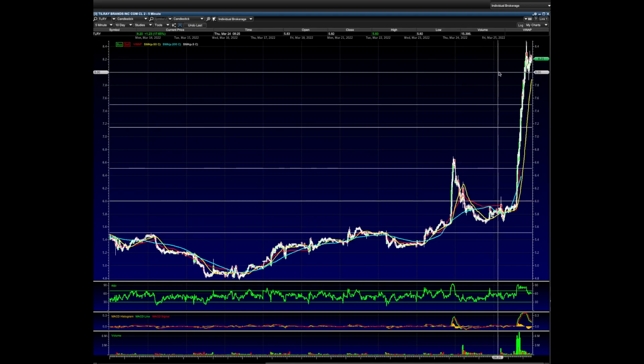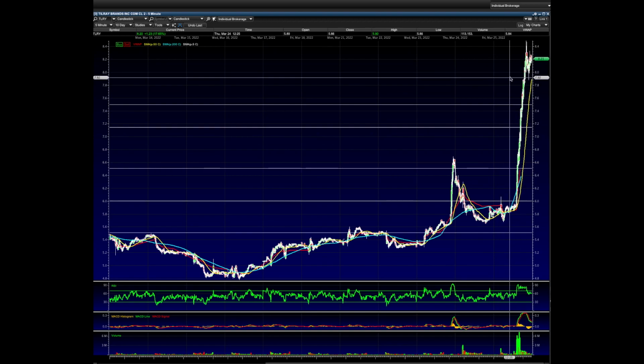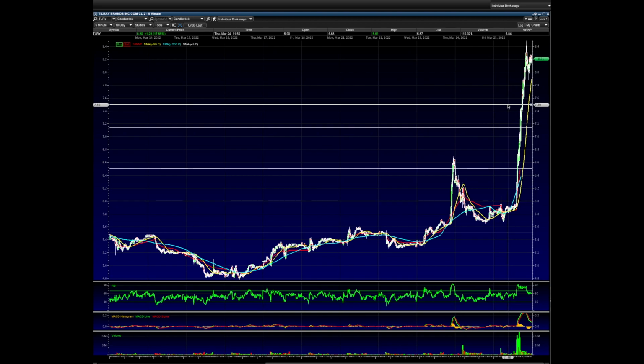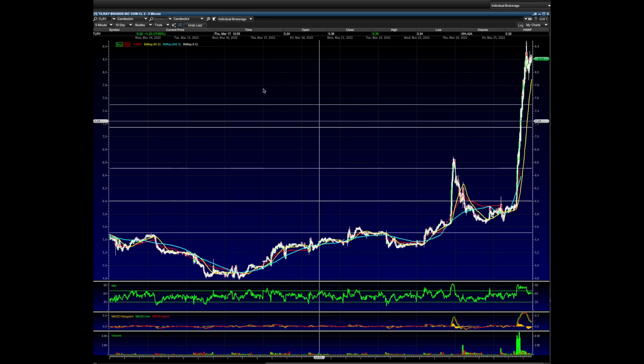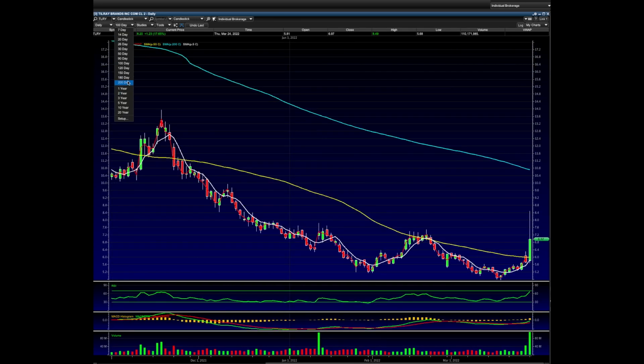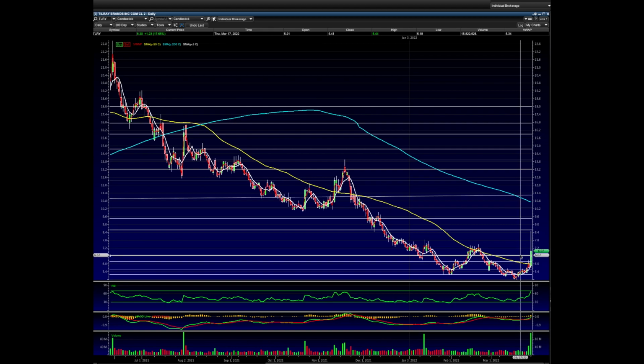So 8's going to be a psychological level. It's going to be this little bull flag it started. But I don't think we're going to hold that. So it'll be 750, 715, 650, 6, and 550. And actually it's showing better on the 200-day.